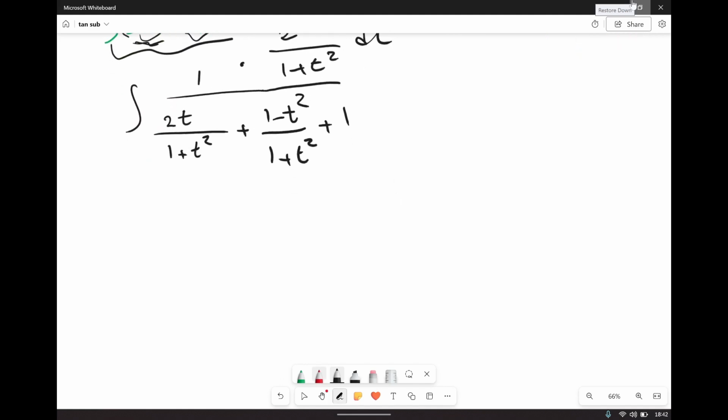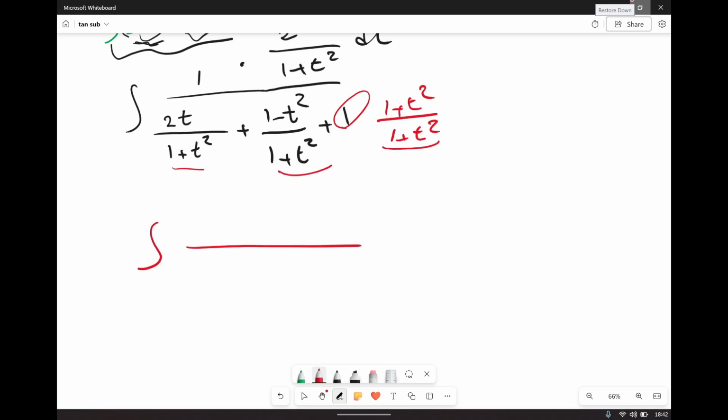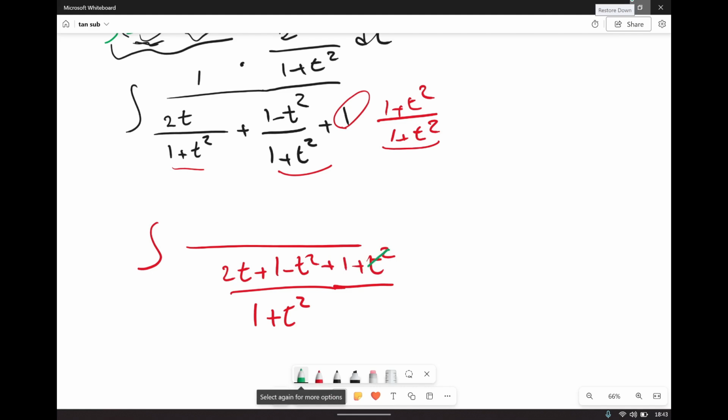Okay, let's go to the simplification. Therefore, instead of this, I write 1 plus t squared as the common denominator. So all of this numerator is the same: 2t plus 1 minus t squared plus 1 plus t squared. They cancel each other, and on the top is 2 over 1 plus t squared, but this one and this one cancel, dt first.